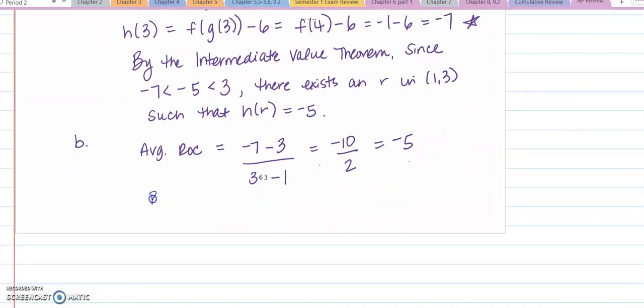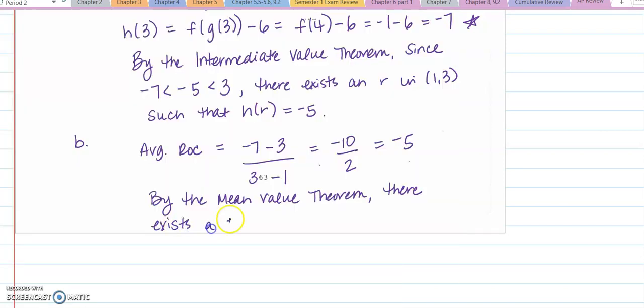So our conclusion will be, by the mean value theorem, there exists a c in (1, 3) such that h prime of c is equal to -5.